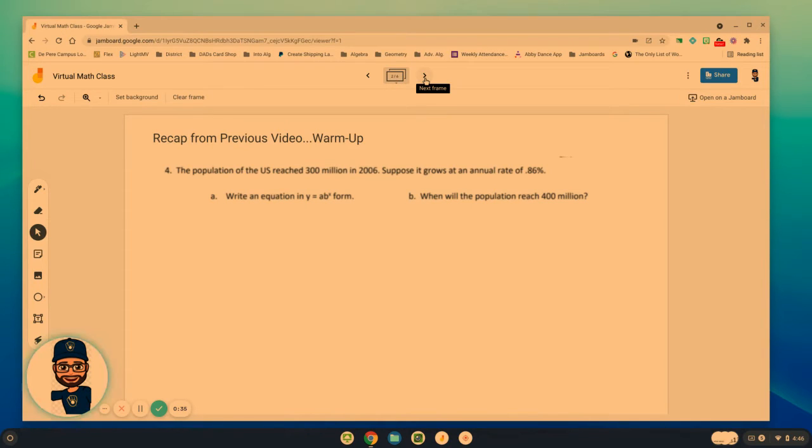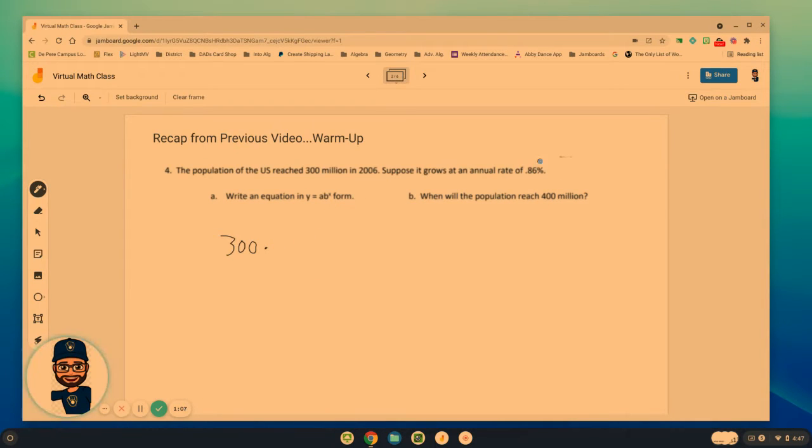The population of the U.S. reached 300 million in 2006. Suppose that it grows at an annual rate of 0.86%. Write an equation in y equals ab^x form. What should our a value be? The a value, we can say it's going to be 300. We know that's going to represent million, times b to the power of x.